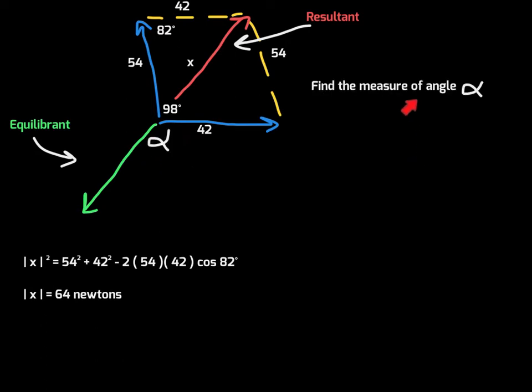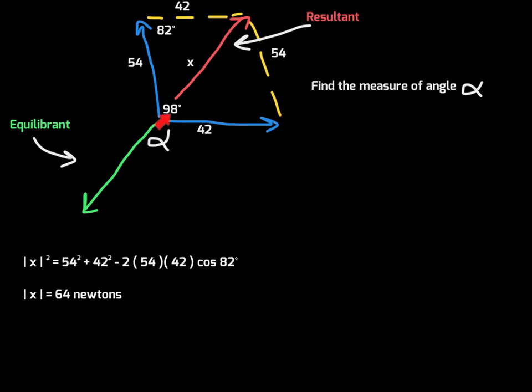Okay, I'm working over here. Now, one thing I want you to notice is that alpha is the supplement of this angle here, the angle that is formed by the resultant and the 42 Newton force. Now, please do not think that this angle here that I'm highlighting is half of 98 degrees because, like I said earlier, we cannot assume that the resultant bisects the angle 98 degrees.